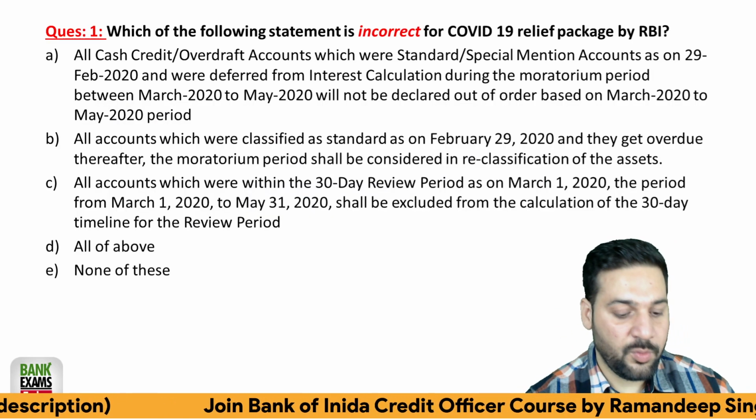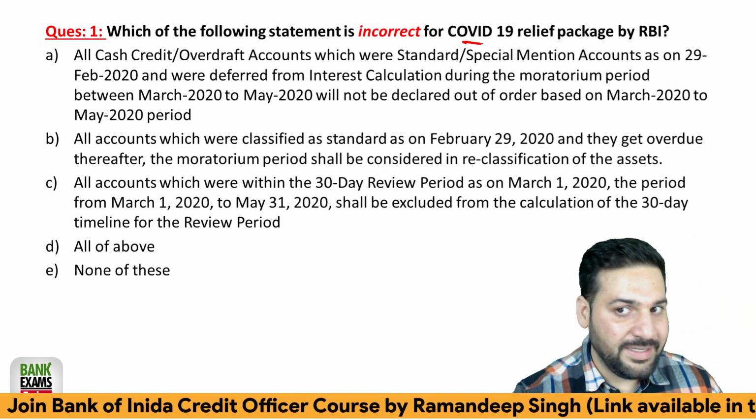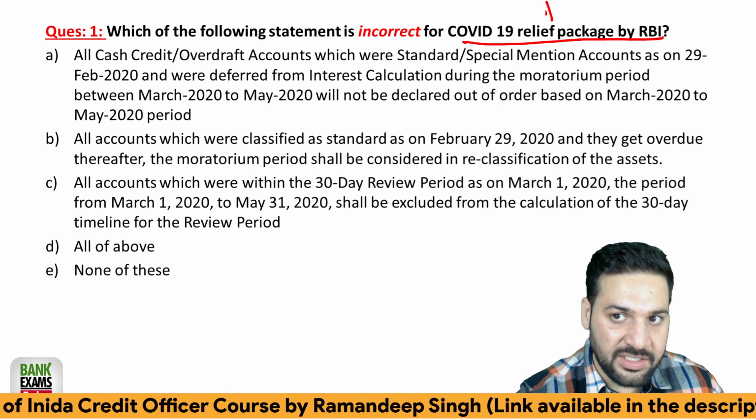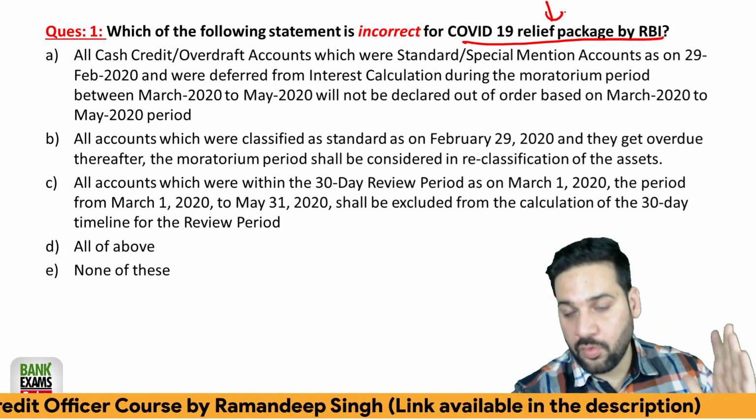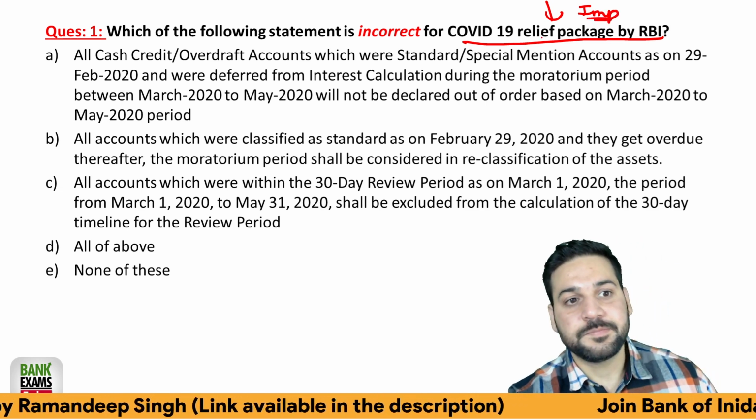Let's start with question number 1. Which of the following statements is incorrect for the COVID-19 relief package? The COVID-19 relief package by the RBI is important for the exam, right?